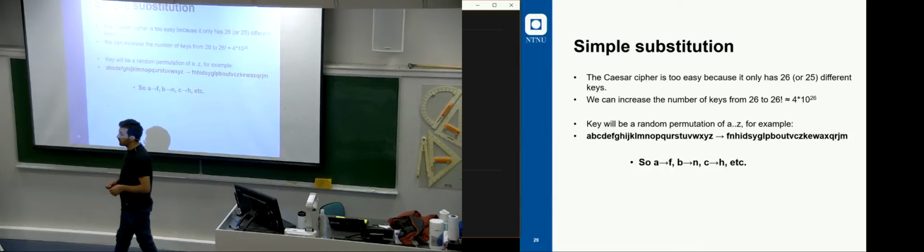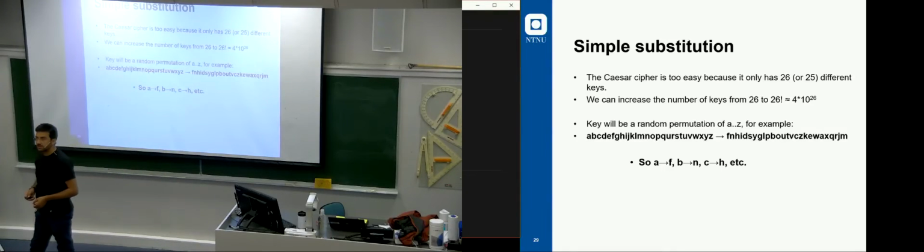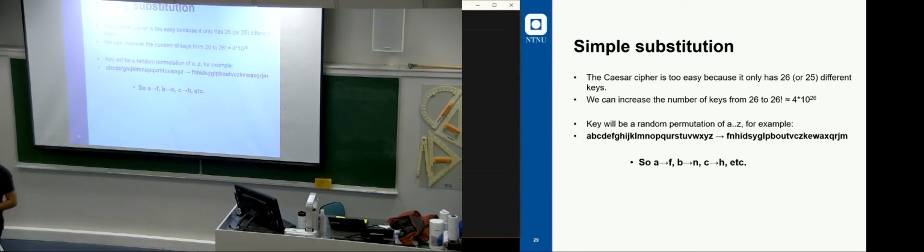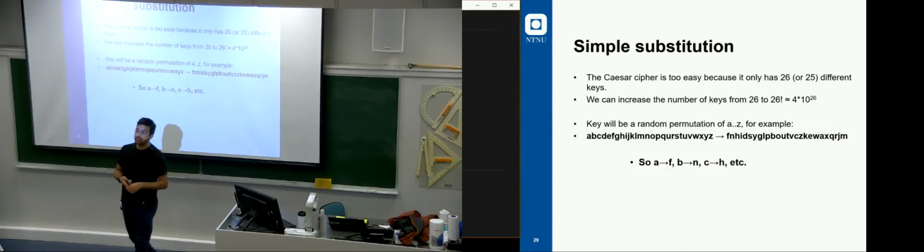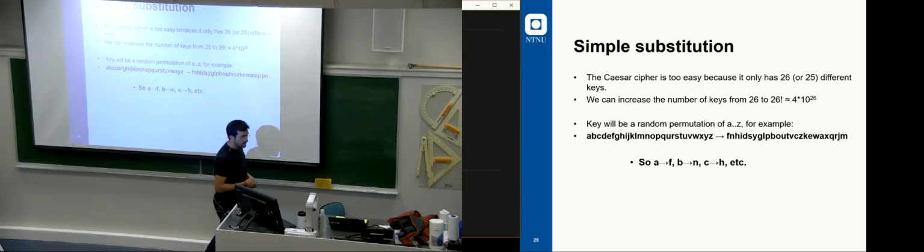We come up with some permutations, where we can have a plain text and a cipher text, and every letter will be converted to a new letter. This way, you will have 26 factorial instead of just 26.